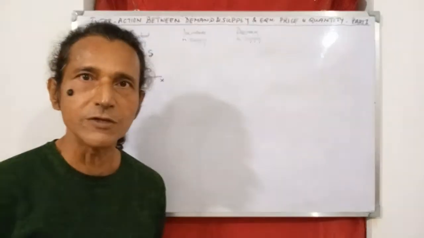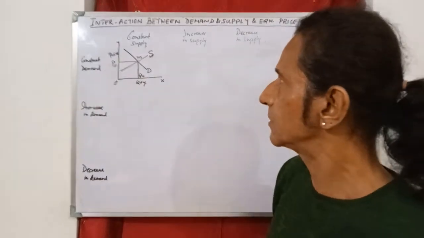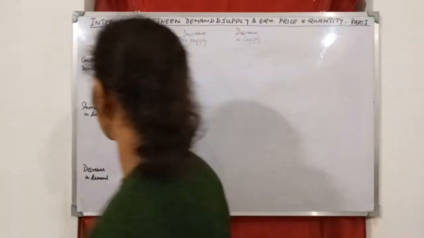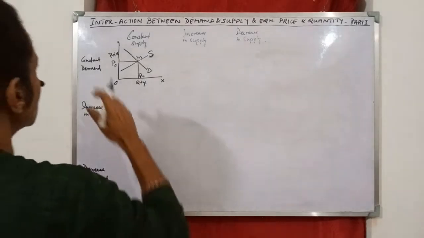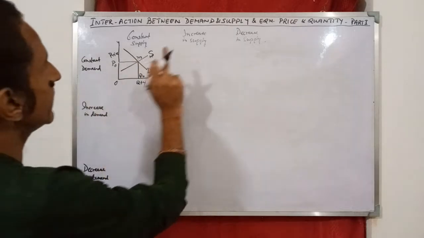That is OP sub O is the equilibrium price and OQ sub O is the equilibrium quantity. And what is the scenario? Constant demand and constant supply. Then constant demand and increase in supply.